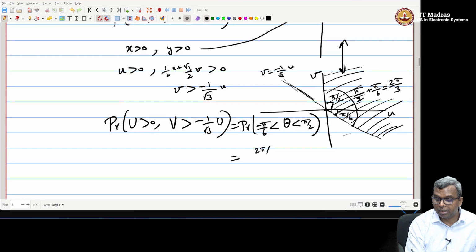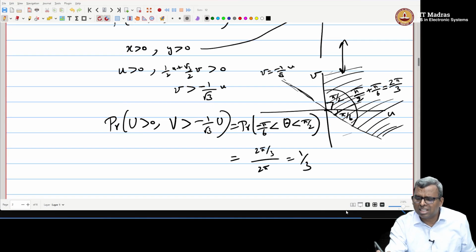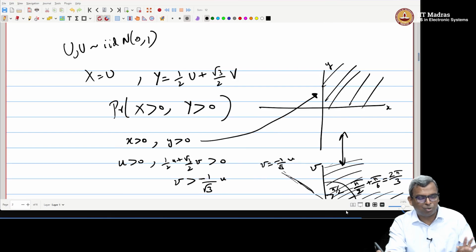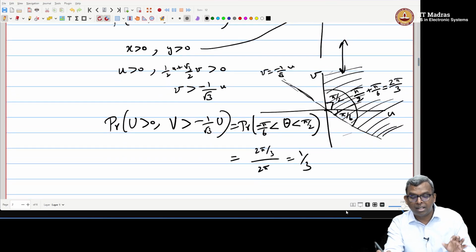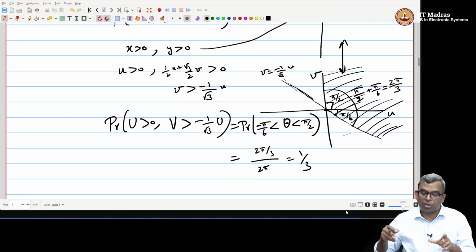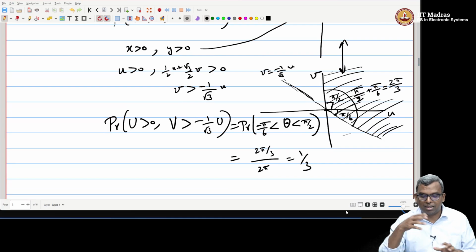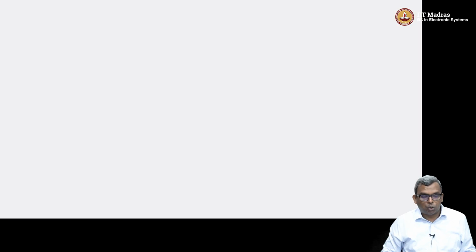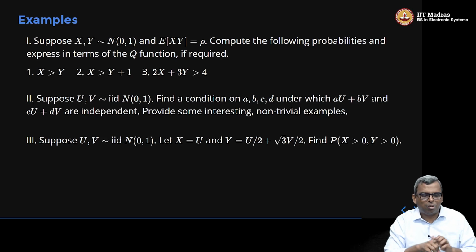So, 2 pi by 3 by 2 pi, and that is 1 by 3. Okay. So, it is a slightly more difficult calculation. You have to move from the XY domain to the UV domain, and in the UV domain it is circularly symmetric. So, convert this entire region into simply an angle theta lying between minus pi by 6 and pi by 2, and that is 2 pi by 3 by 2 pi. Okay. So, the last problem was slightly more complicated, but hopefully the first two were interesting enough.